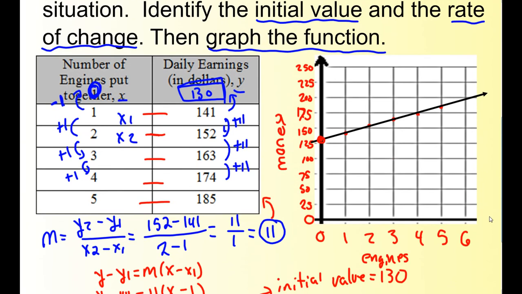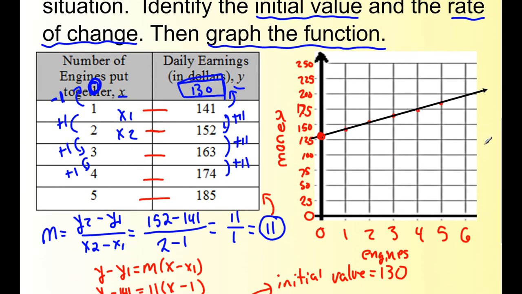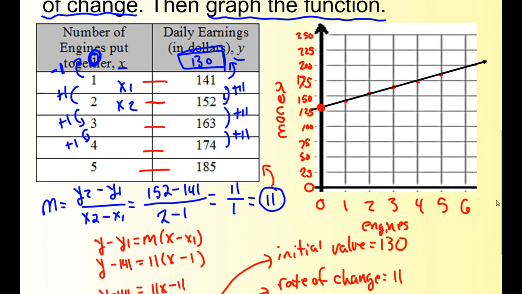How does it affect his life? What do that 130 and that 11 have to do with Derek? So just go ahead, pause the video, try this on your own, really think about it, look back at your own notes, and figure out what those initial values and that rate of change represent. When you're ready to continue, hit play, and we'll go through it together.